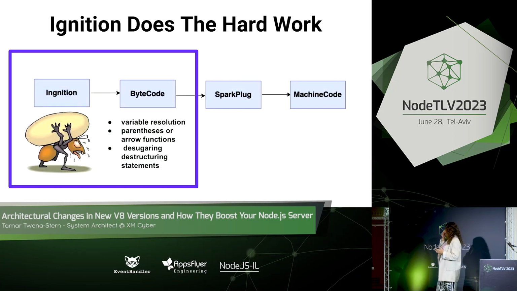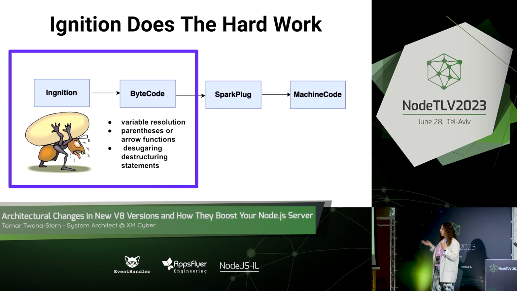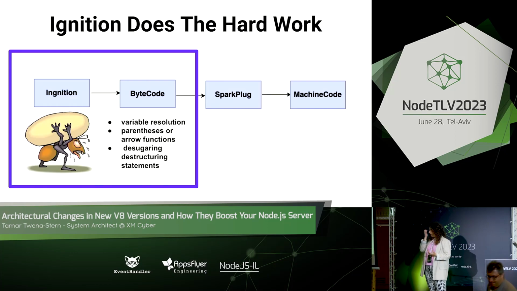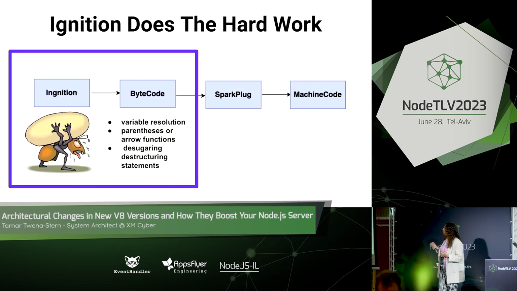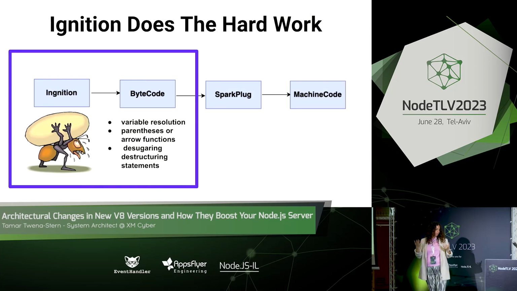A few things about SparkPlug. Just think about it: SparkPlug doesn't have a lot of time to do optimizations. It gets bytecode from Ignition, and it has to generate machine code very fast.